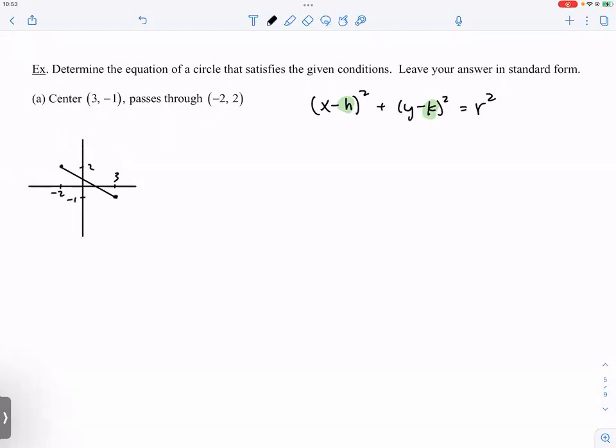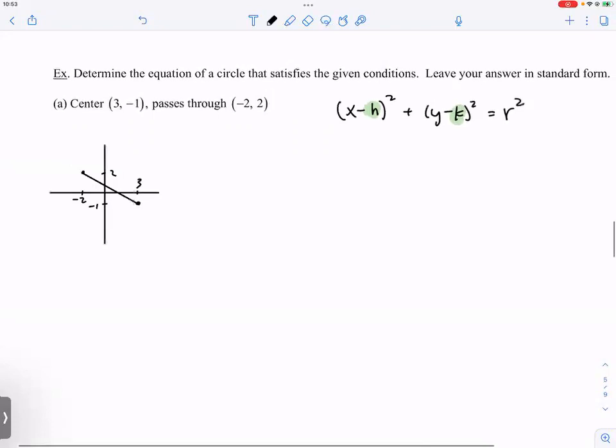If you want to find out the distance, sure: the change of x is 5, so 5 squared, plus the change of y is 3, 3 squared, is equal to r squared. So you can just do 25 plus 9 is equal to r squared.